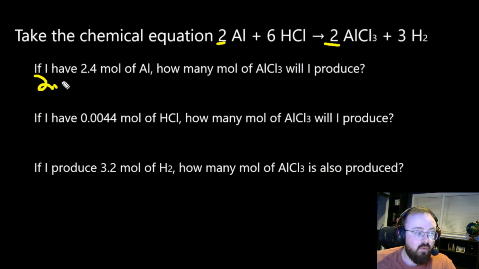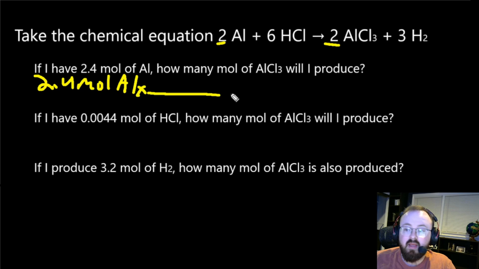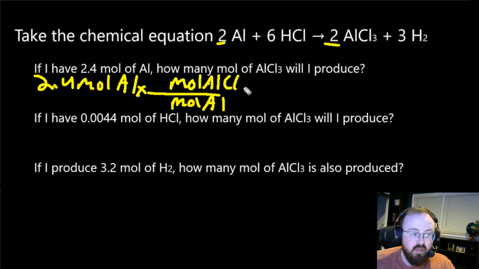So if I'm starting with 2.4 moles of aluminum, and I want to convert that into moles of AlCl3, just like with every dimensional analysis problem that we've looked at so far, the units have to match. I want moles of aluminum to be on the bottom, and I want moles of AlCl3 to be on the top. And this is where it's important to keep track of our molecules.